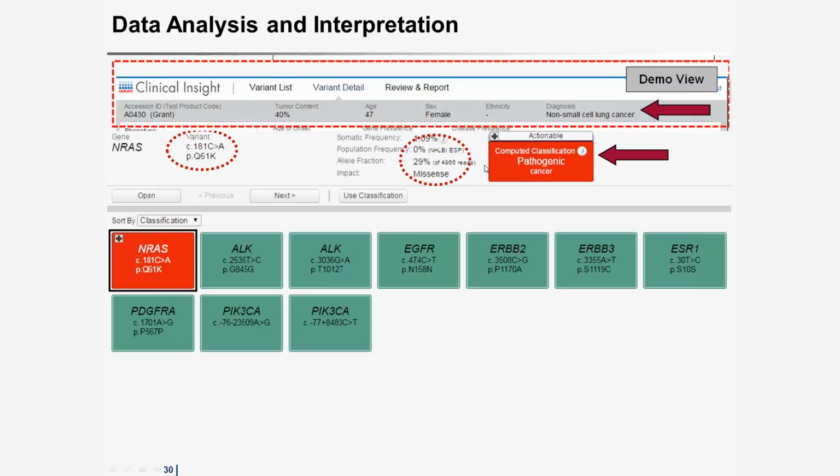So this might not be so important when an NRAS mutation is occurring, because most of the people know that this mutation is pathogenic. But if you have unknown mutations, it's very helpful to have this link to these big databases.